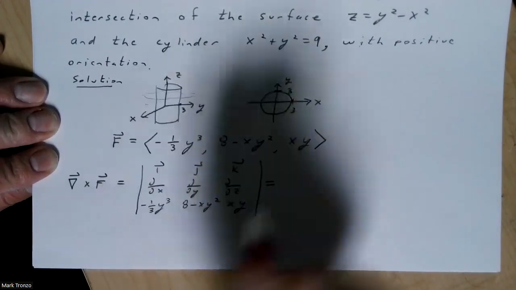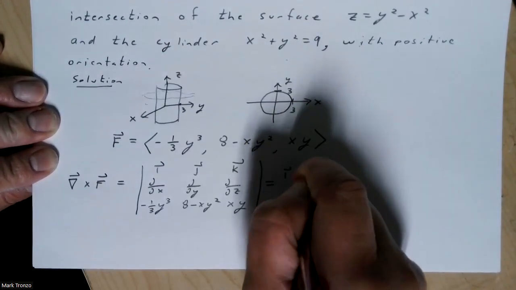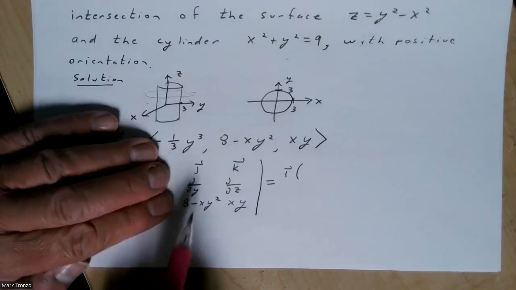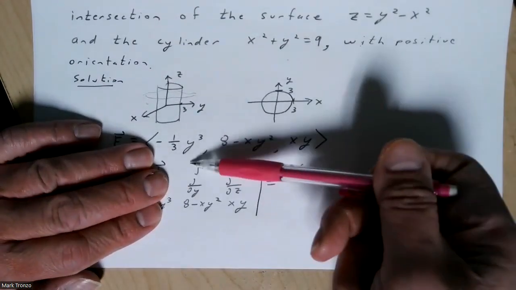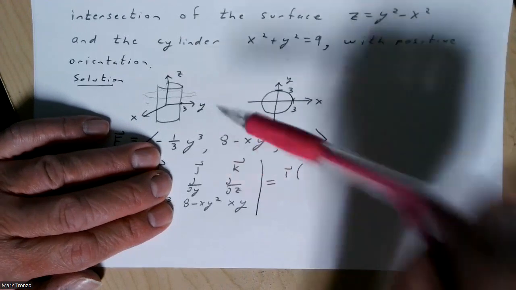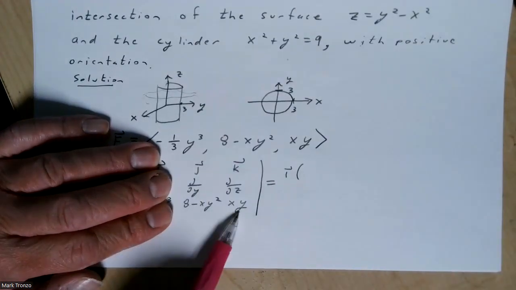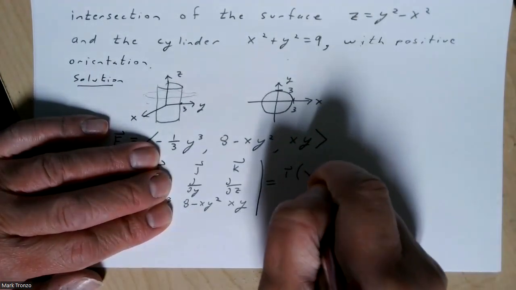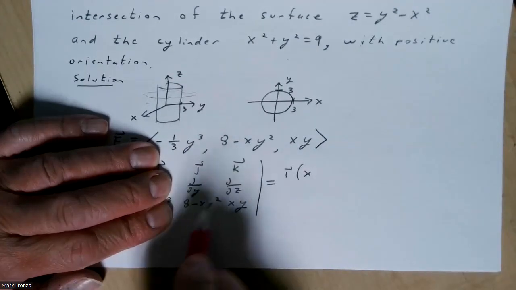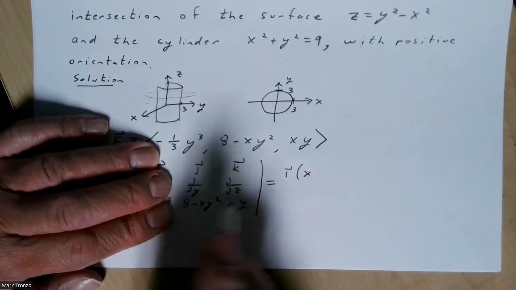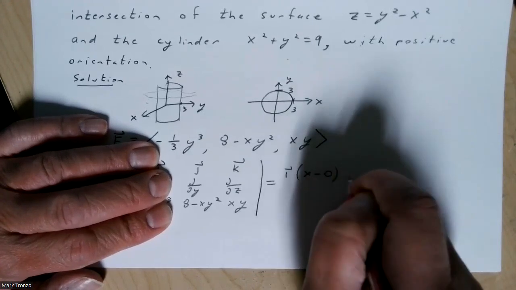And so let's do the cross product. Remember, we have i, so we cover up that row and that column. We're going to have the derivative of this with respect to y, so it's going to be x. Then the derivative of this with respect to z, that's going to be 0.